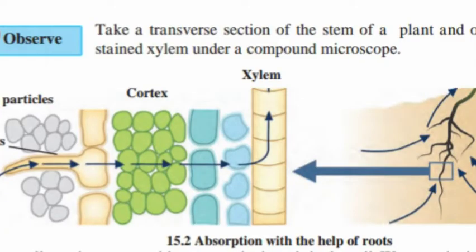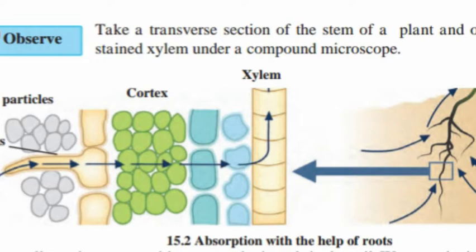So students, here we will learn about absorption with the help of roots. As you can see in the diagram, root cells are absorbing water as well as minerals from the soil particles. These water and minerals will enter into the root cells, and the root cells will become turgid.